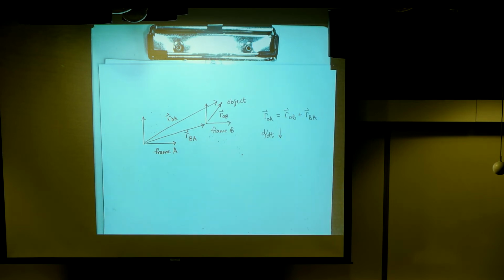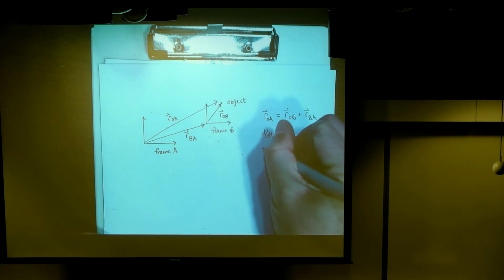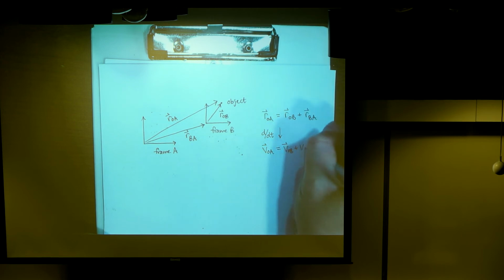But what does it give us when we take the derivative of a position, generally speaking? That's a velocity, right? So if I just take the derivative on both sides, I'll get VOA equals VOB plus VBA. And that's the result that I wanted to show you.